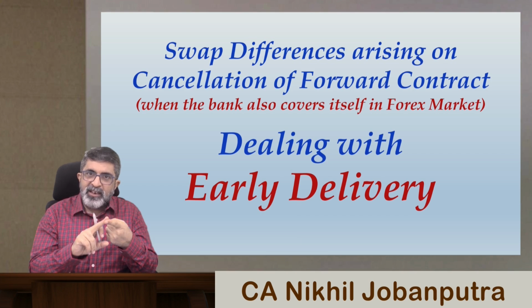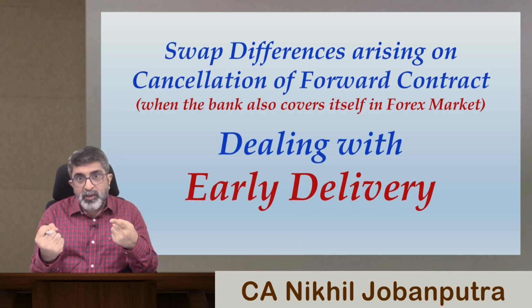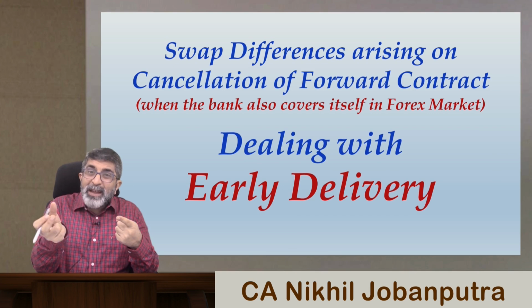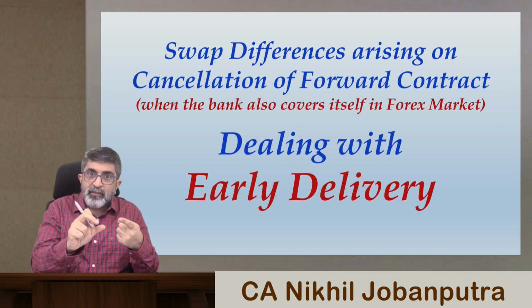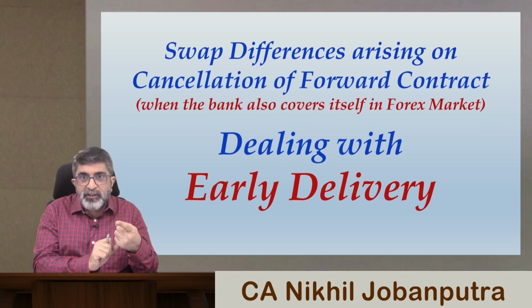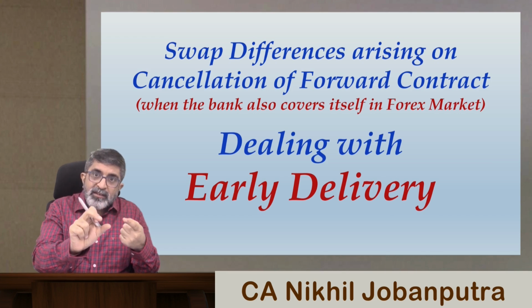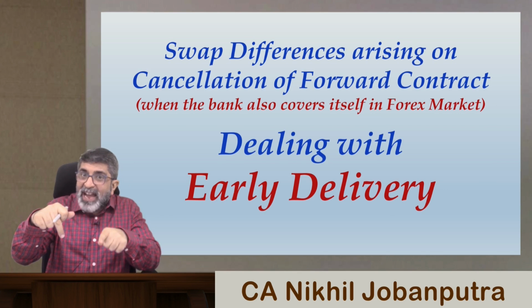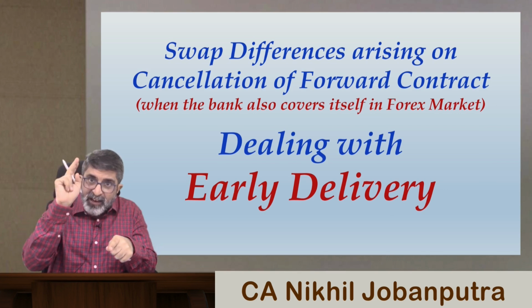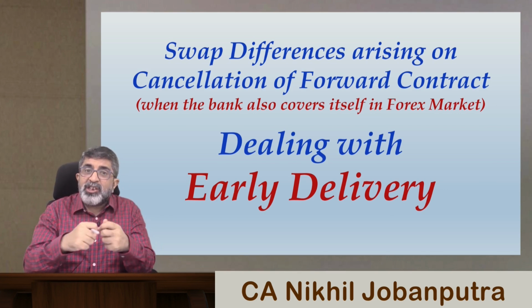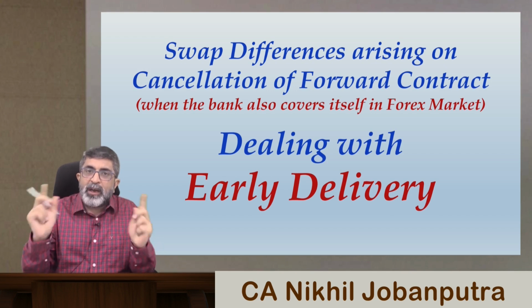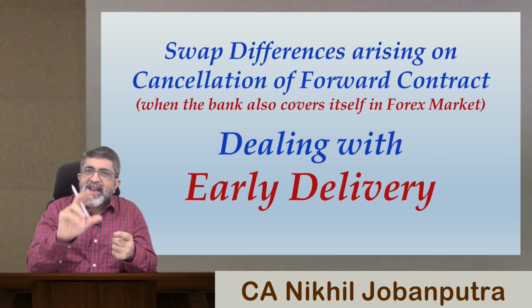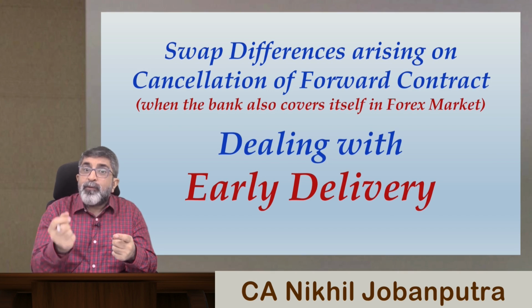The swap loss arising to the bank, which the bank will recover from the customer, and the temporary outlay of funds because of this 1 month difference. That amount is the bank's loss. The bank cannot recover that amount from the customer. The bank can recover swap loss, but any additional outlay of funds happening to square off all these positions, the bank cannot recover from the customer.